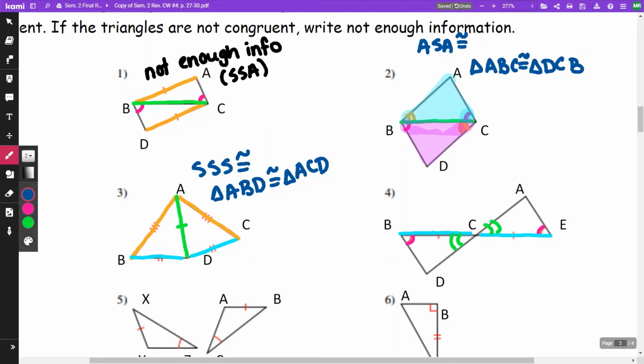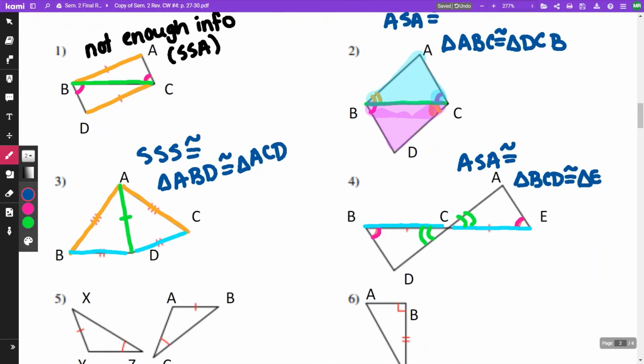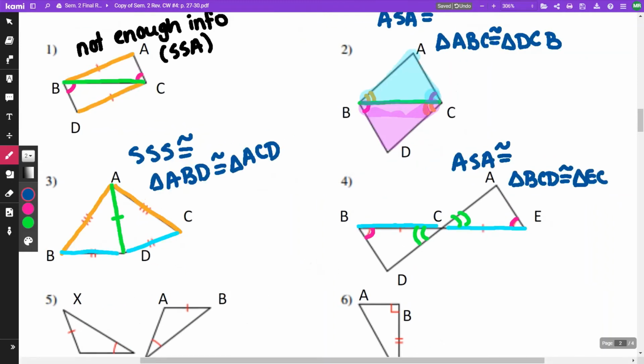So these are congruent by angle, side, angle. And if I call this one, let's say I call it BCD. So if I say triangle BCD, B corresponds with E. C actually does correspond with C in this situation. And my D is going to correspond with A.